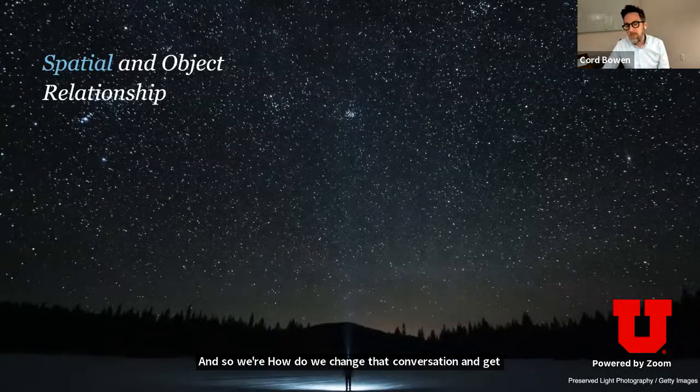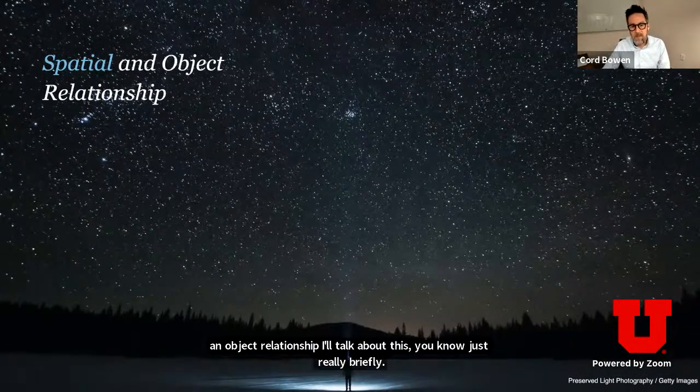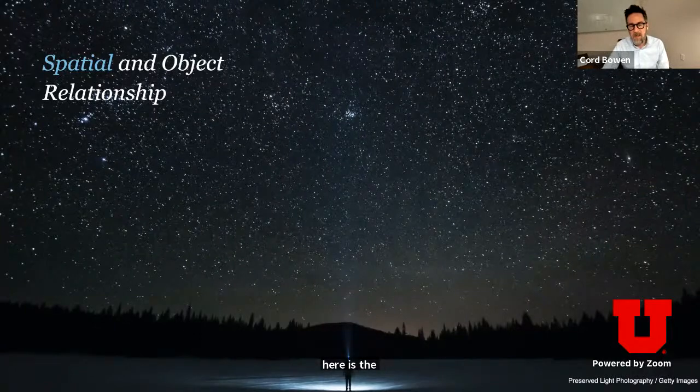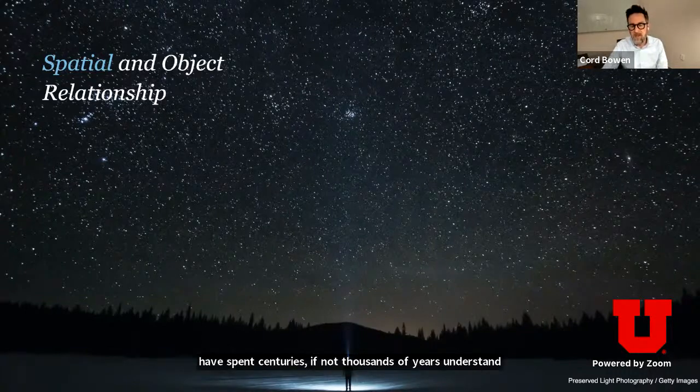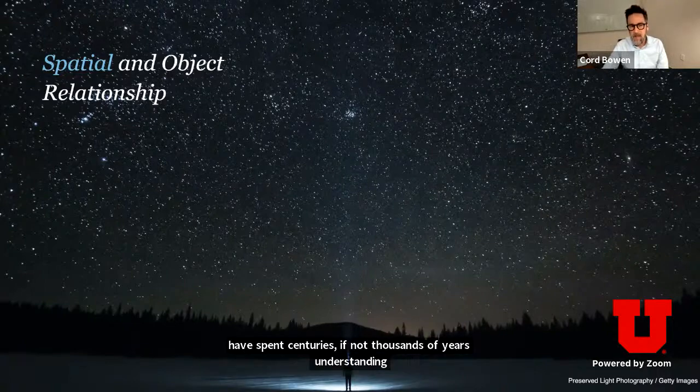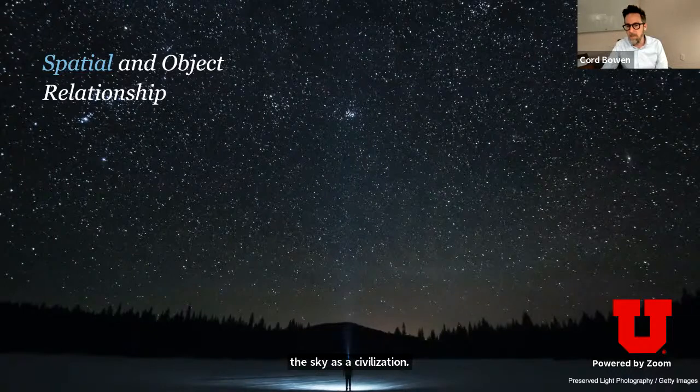Spatial and object relationship, I'll talk about this just really briefly here, is the idea that I think in this kind of concept of the night sky, it's really important to understand that we have spent centuries, if not thousands of years, understanding the sky as civilization and what it means. And we always talk about the constellations and the stars and what they're made out of.